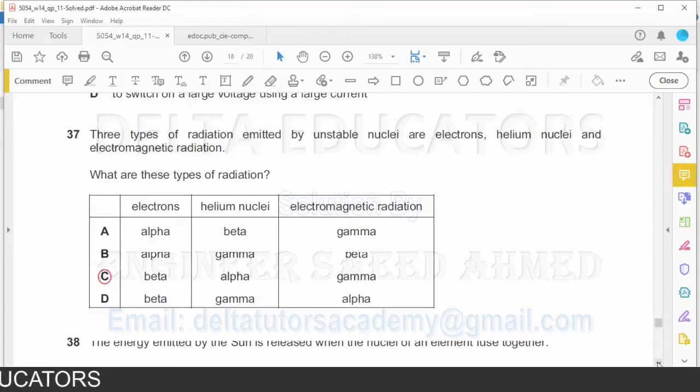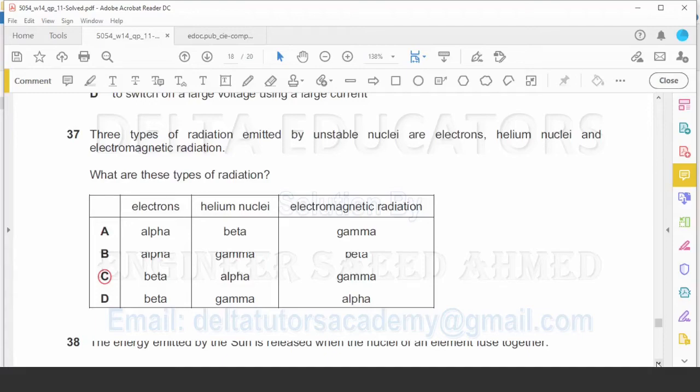Question number 37. Three types of radiation emitted by unstable nuclei are electrons, helium nuclei, and electromagnetic radiation. What are these types of radiation? In the topic of radioactivity, we have studied that radioactive substances emit three types of radiations: alpha, beta and gamma.